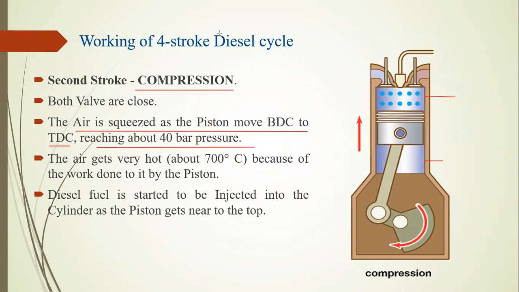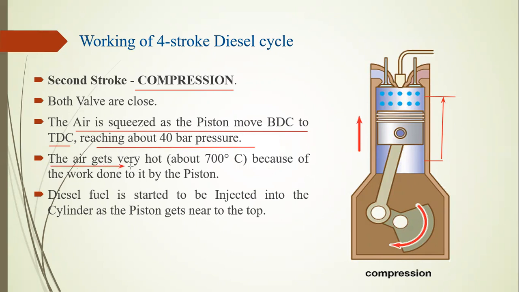Whenever the piston moves from bottom dead center to top dead center, it heavily pressurizes the air to about 40 bar pressure, which is a very high pressure. At this time, the pressure increases and, in parallel, the temperature also increases.